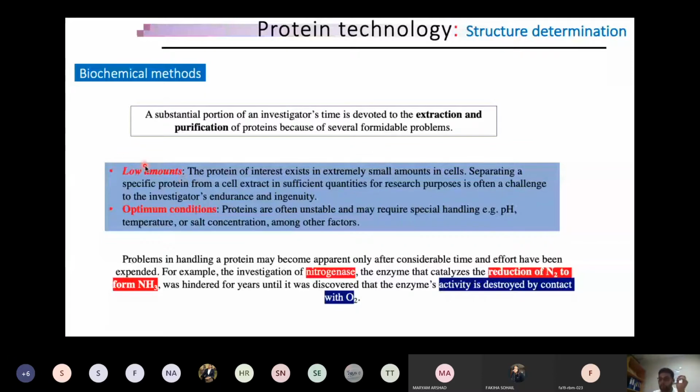And of course, when it comes to isolating them, how can you separate this? It's just like a desert, and in that desert there are some small salt grains, and you are going to pick those salt grains individually. This is what is meant by low amounts: proteins are present in extremely small amounts in the body.